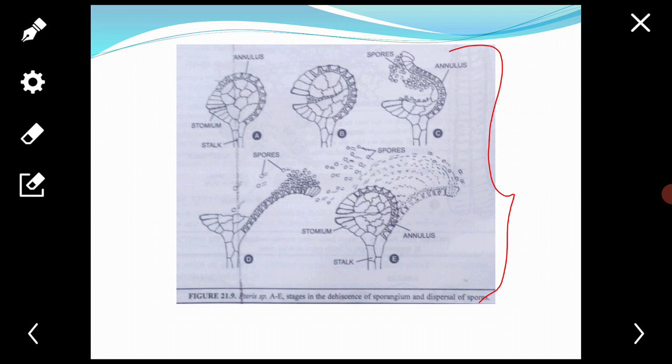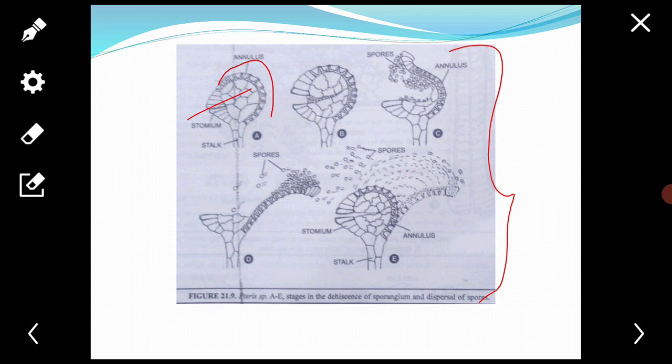This creates a tension in the entire annulus strip, resulting in breaking of the stomium between the two lips, epistomium and hypostomium, where the walls are extremely delicate.